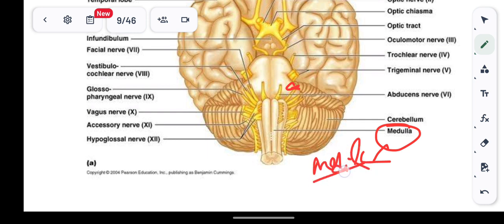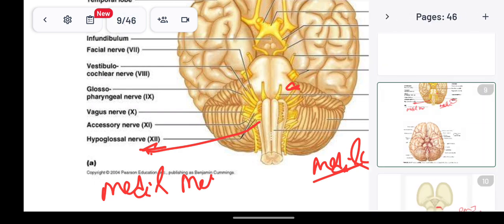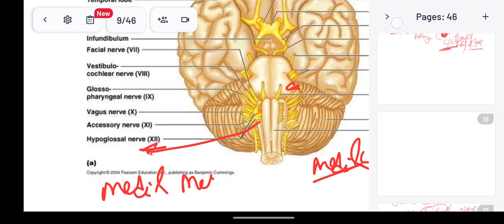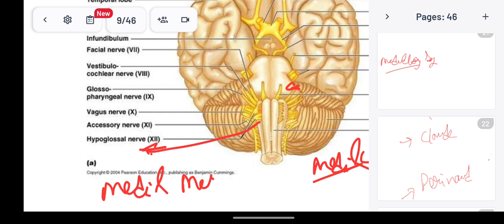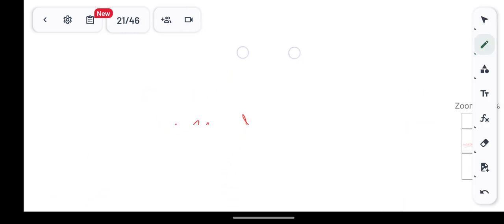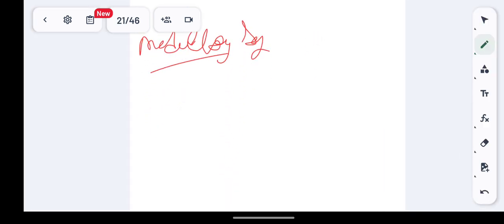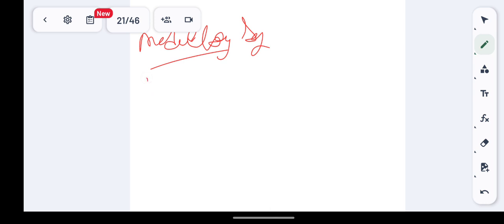On the medial side it is the 12th nerve. We can see this is the 12th nerve. Medial medullary, what is the other name of medial medullary? MD, we have to do MD.